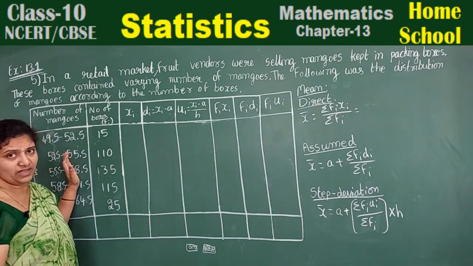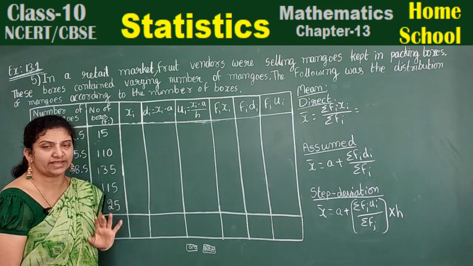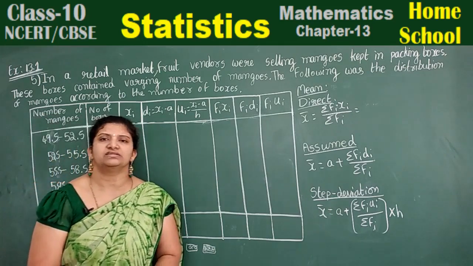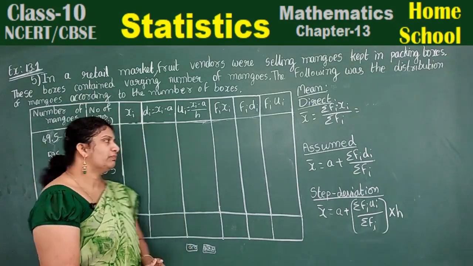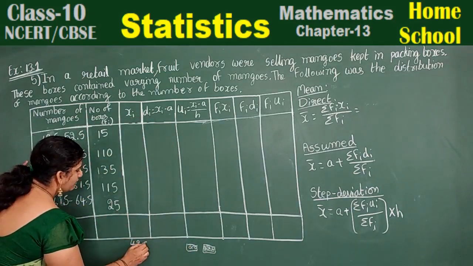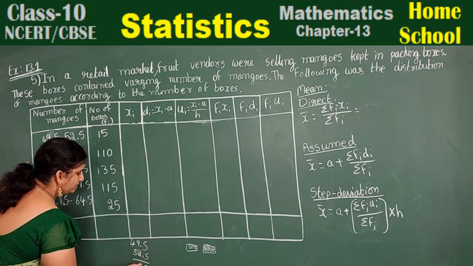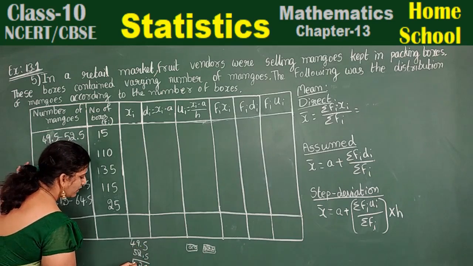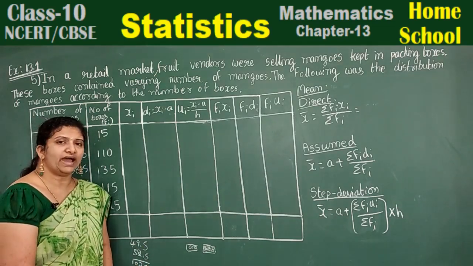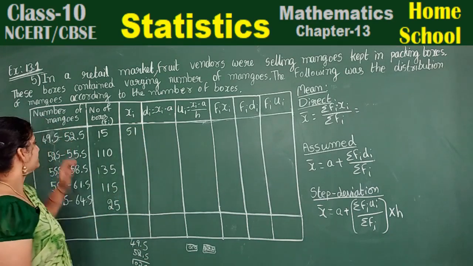We know the class interval and frequency. We are going to find the class mark or score xi. How do we get xi? Upper limit plus lower limit by 2. Add these two: 49.5 plus 52.5 is 102.0. 102 by 2 is 51.